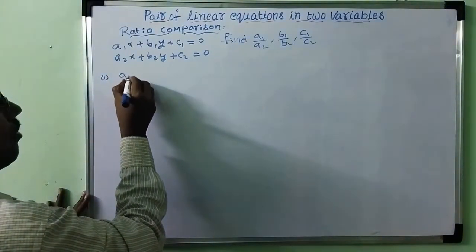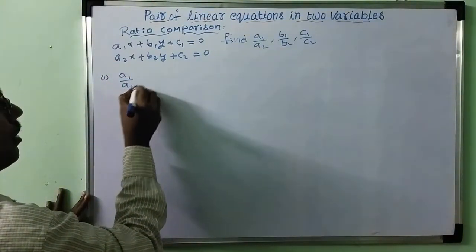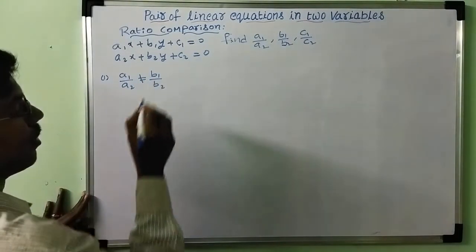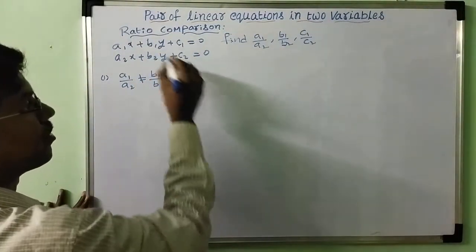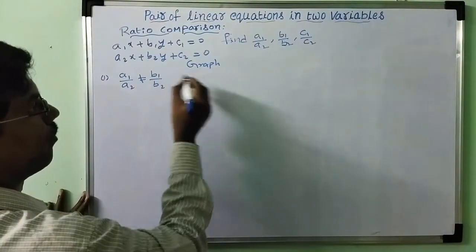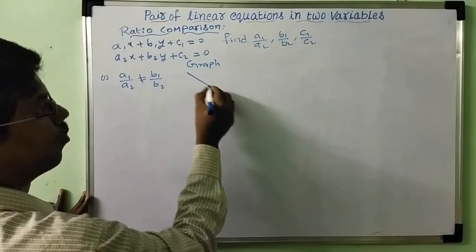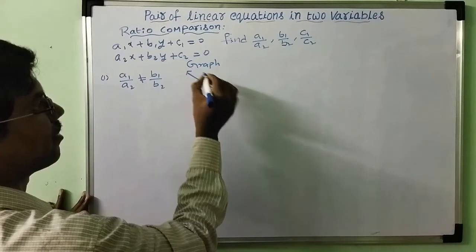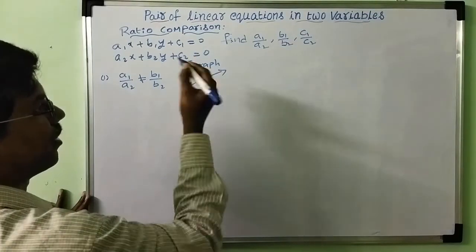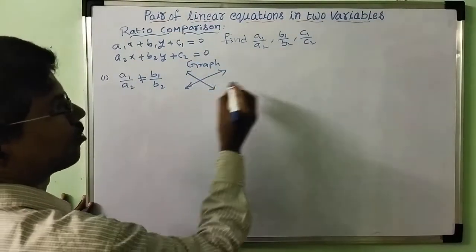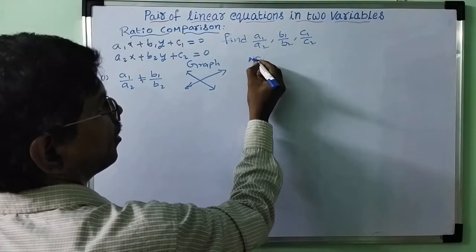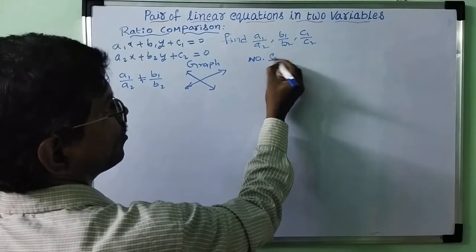If a1 by a2 is not equal to b1 by b2, then if you represent on graph paper, how about their graph? Both the lines must intersect with one another, intersecting lines. So if they are intersecting lines, how about the solution?